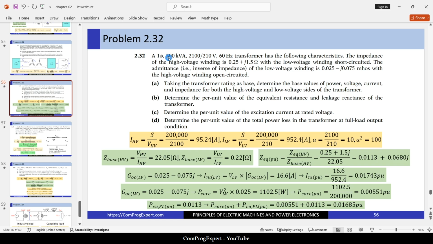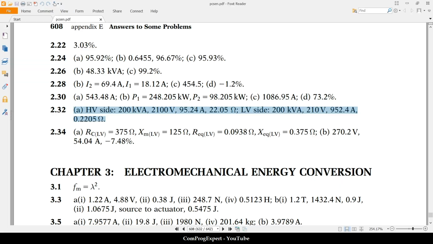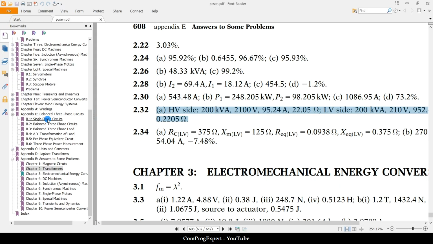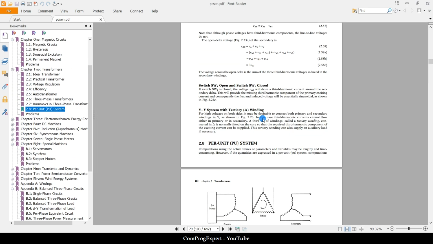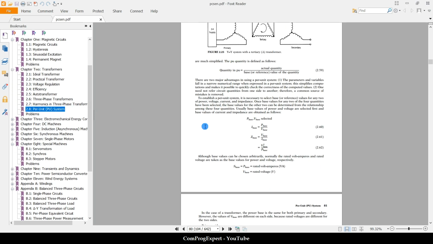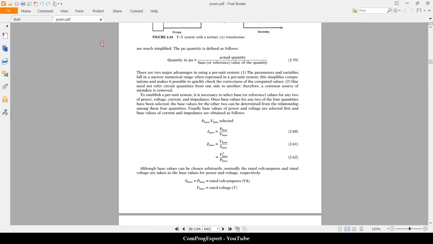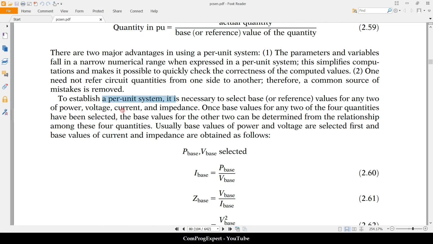If we take the apparent power and voltage, the rated values, for the base, we can calculate other quantities. You can check this section for the chapter 2 per unit system. In the per unit system, to establish a per unit system, we have these four variables.